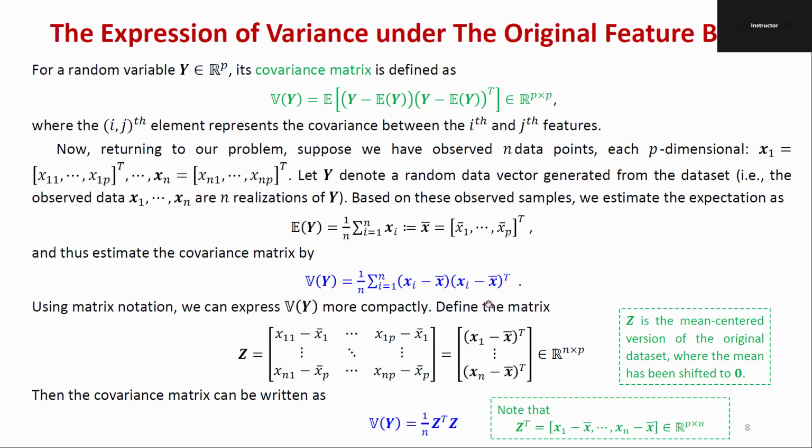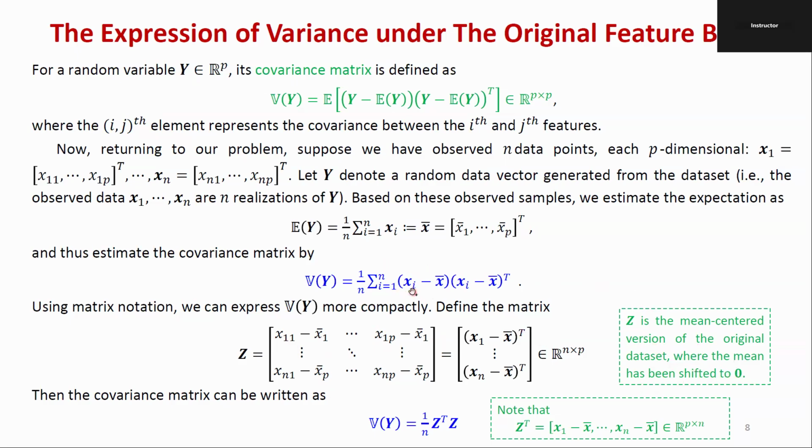Of course, if I use a matrix notation, I can define a Z in this way, and then I can directly write the covariance matrix to be 1 over n Z transpose Z. Actually, it's nothing but this one and this. Be careful, this is a Z and this is a T. And if you check it more carefully, Z is actually a mean-centered version of the original data, where the mean has been shifted to be zero.